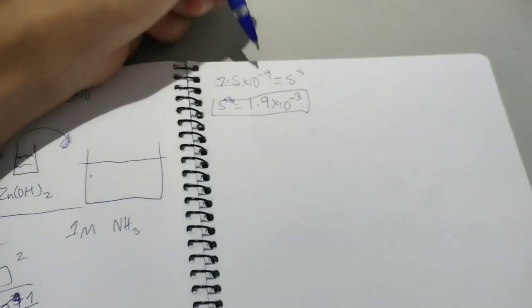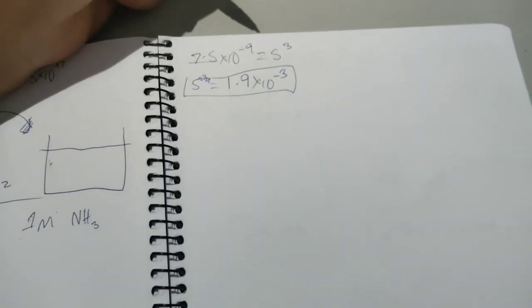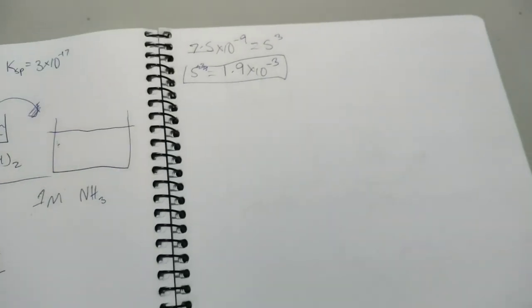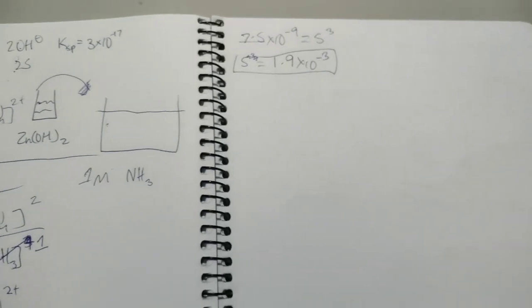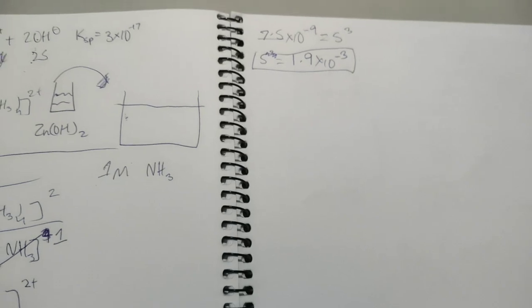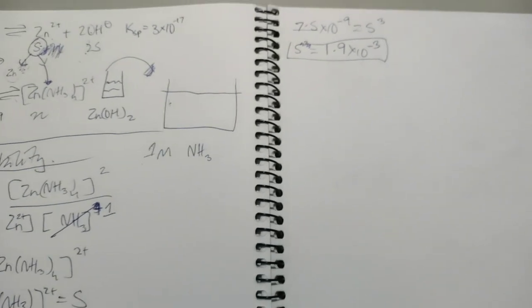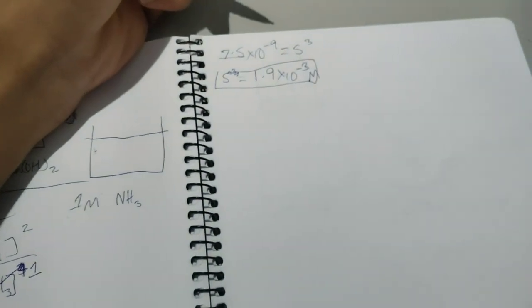Essentially, the gravity of this result is that this is a huge number. You might not realize this, but this is actually huge. You might think, how, it's of the order of 10^-3.